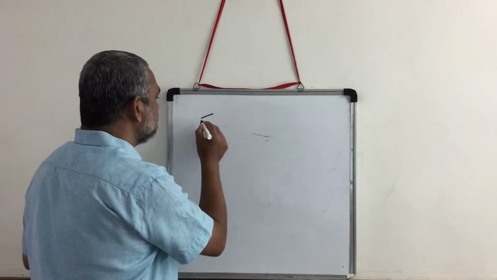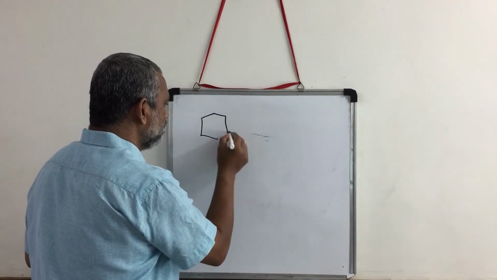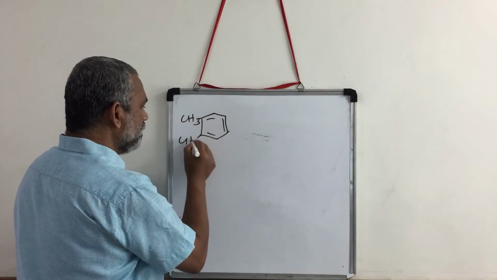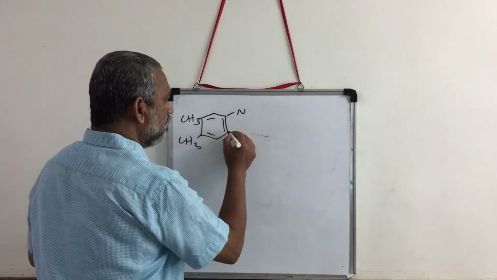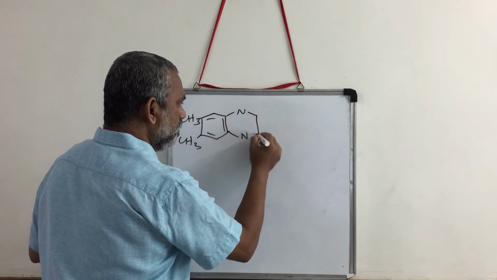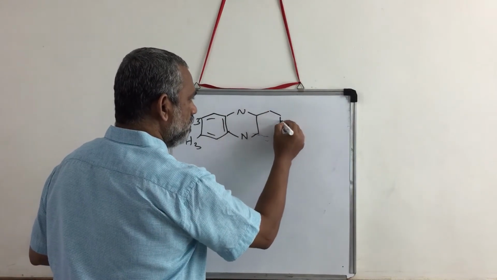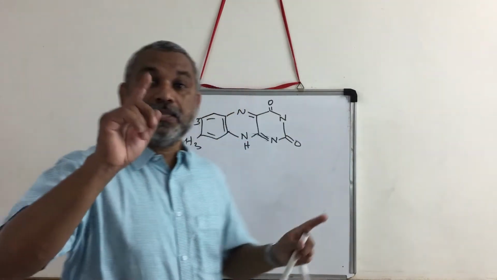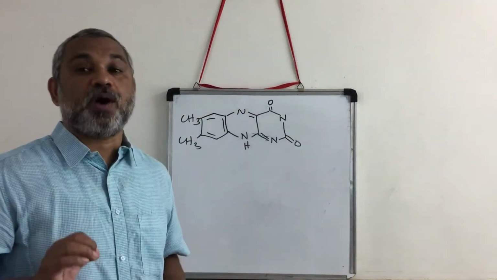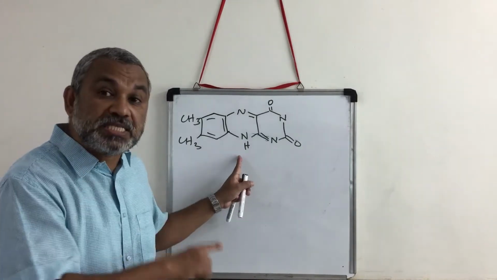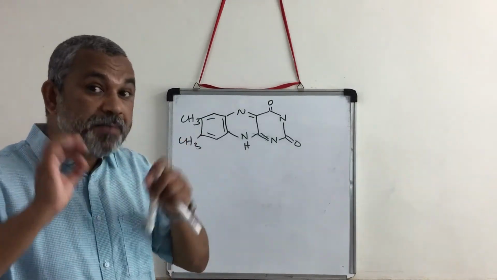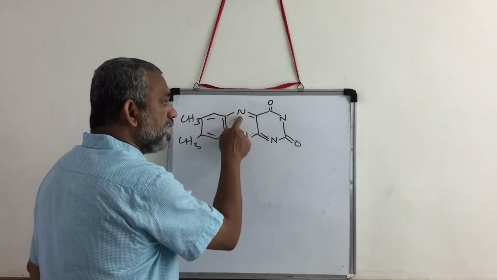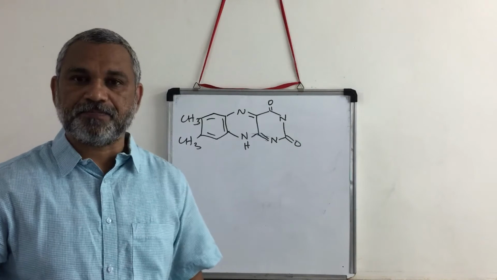There are three ring structures, with CH3, CH3. This is the structure of isoalloxazine. It is capable of carrying two hydrogens, one here and another here.